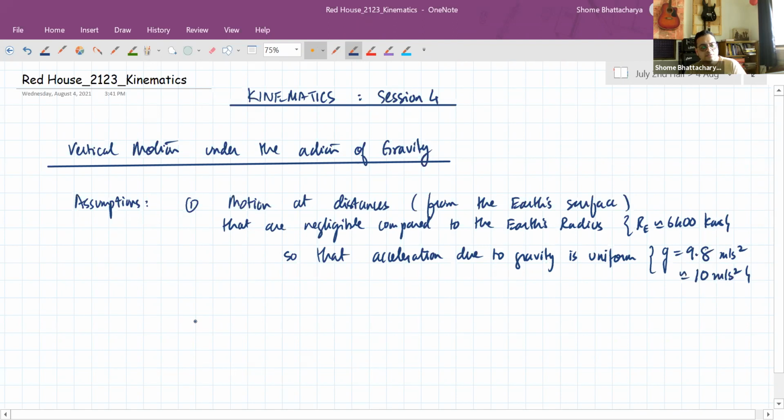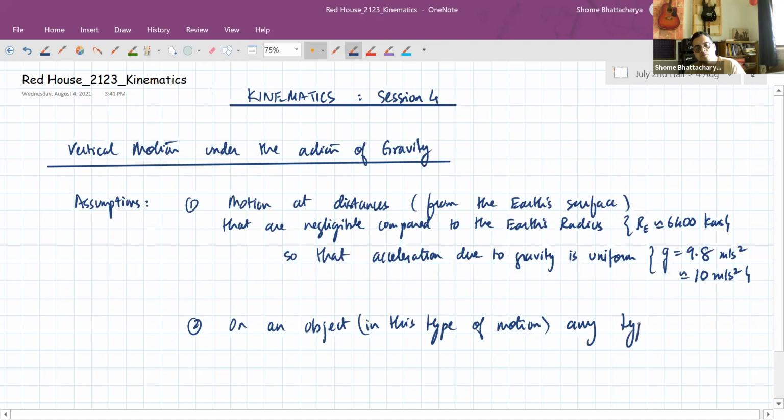The second assumption is that on an object in this type of motion, any type of air drag or wind resistance type of force is absent, or again negligible.